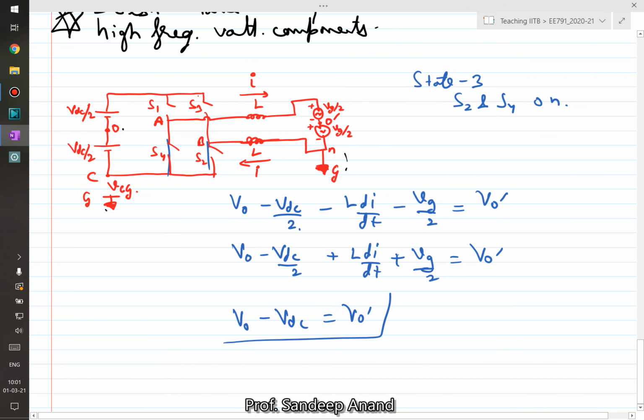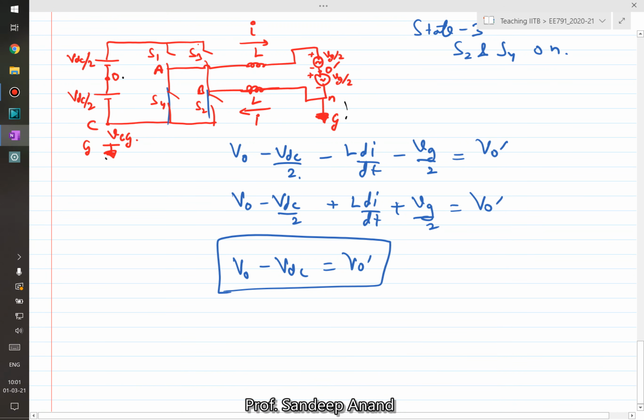And now, if you see, VO is not equal to VO prime; VO minus VDC is equal to VO prime. Now I can write the voltage VCG plus VDC by 2 gives me VO, and 0 plus VG by 2 gives me VO prime.